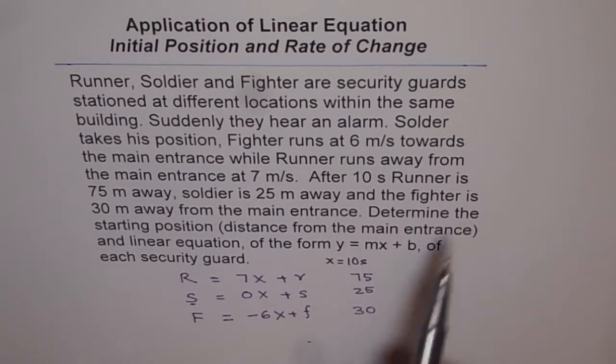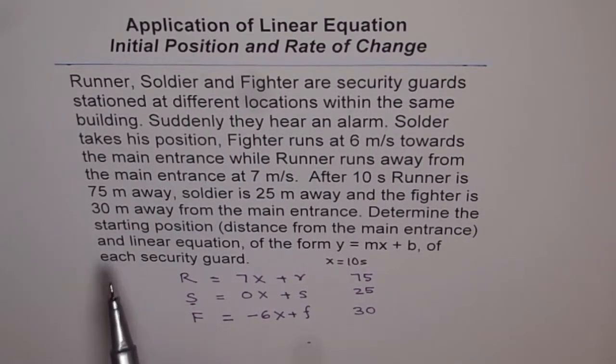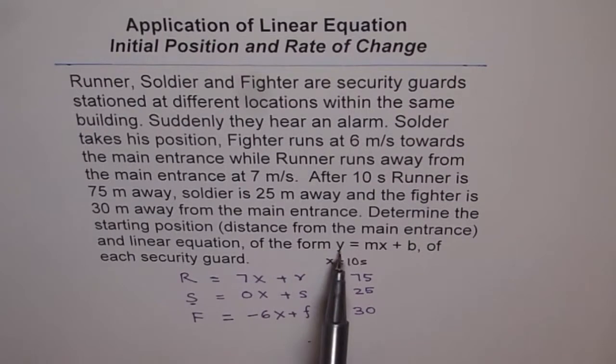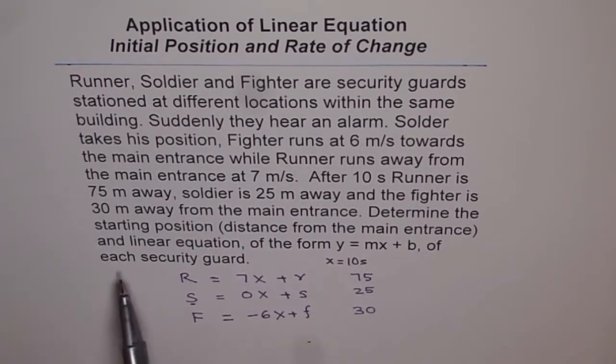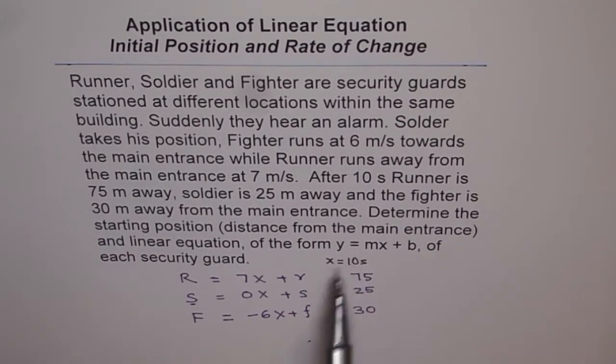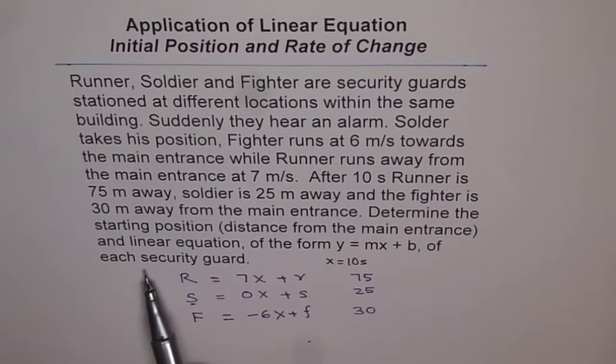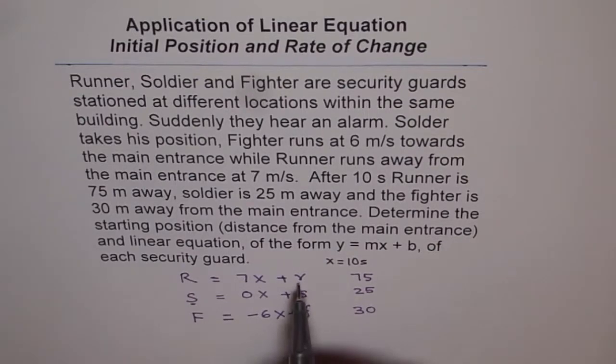Determine the starting position, distance from the main entrance, and the linear equation of the form y equals mx plus b of each security guard. So we kind of got both the things, linear equation as well as the starting position, right? So let's find the starting position for each.